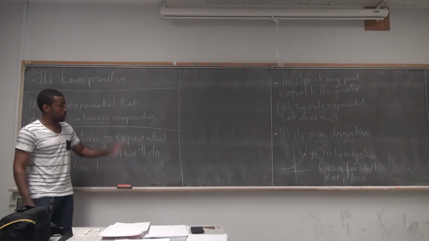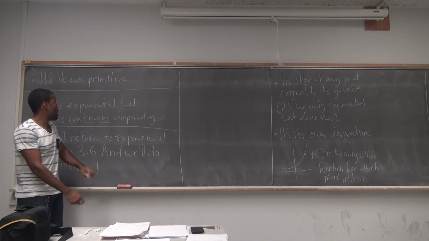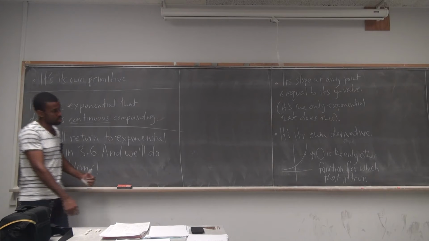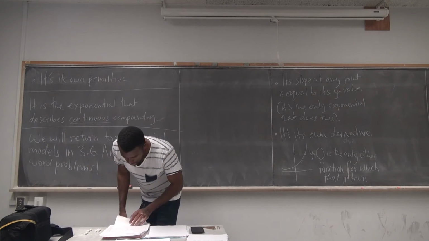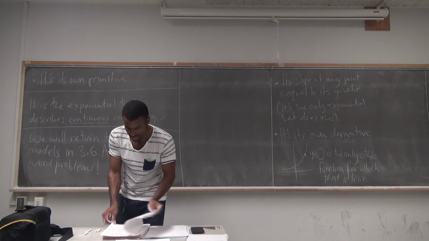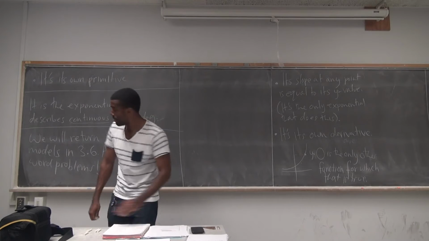For now, I want you to know what the basic graphs look like. Remember your laws of exponents, and you're going to need to know some other things I'm going to tell you in 1.6. But that is 1.5. So we'll actually move on to 1.6 right now.